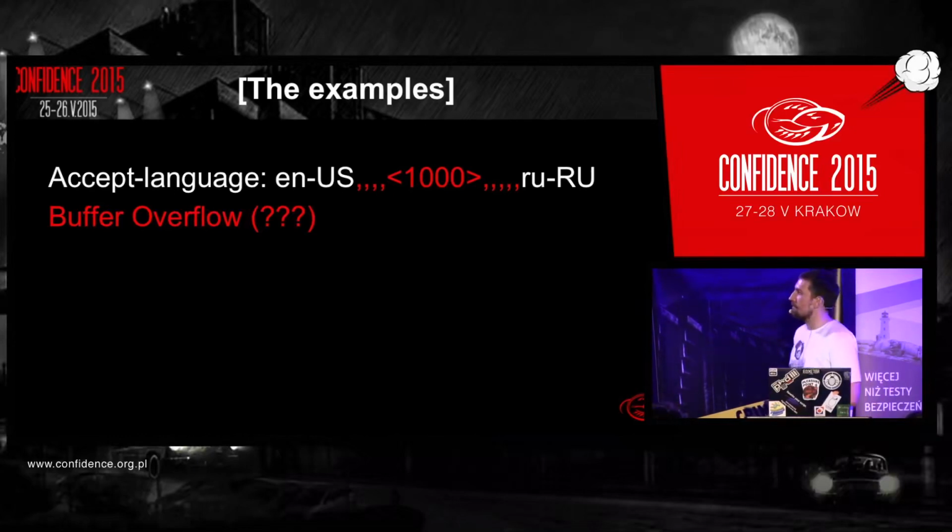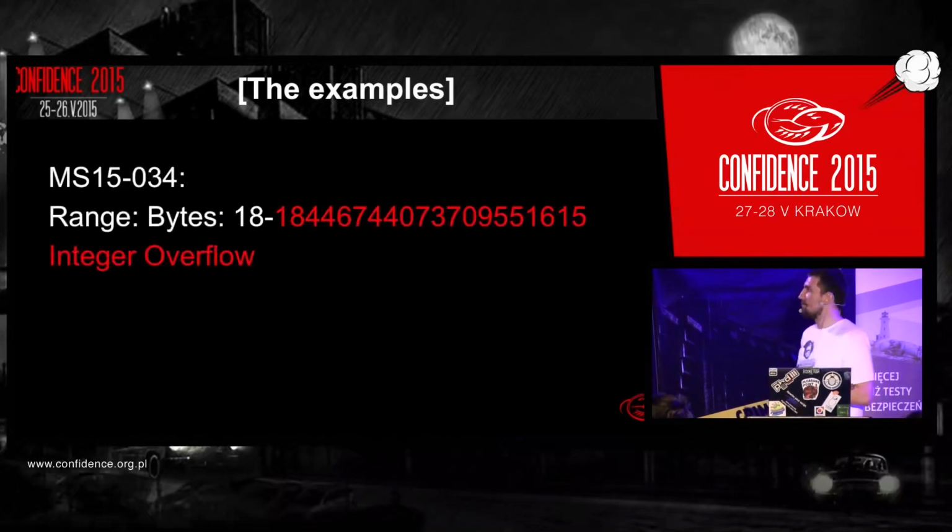So this is, for now, all the bugs I have found. But I want to show some more examples. For example, a famous bug in HTTP.sys, Microsoft's driver-level web server. It causes an integer overflow while parsing the size of a range.